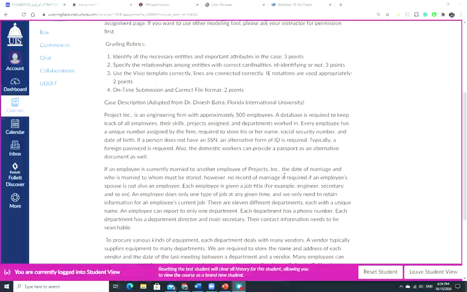But anyway, this particular case is a very good case study, especially for a graduate level database class, because it presents a very typical modern organization problem that requires database support, and this is the project management problem.